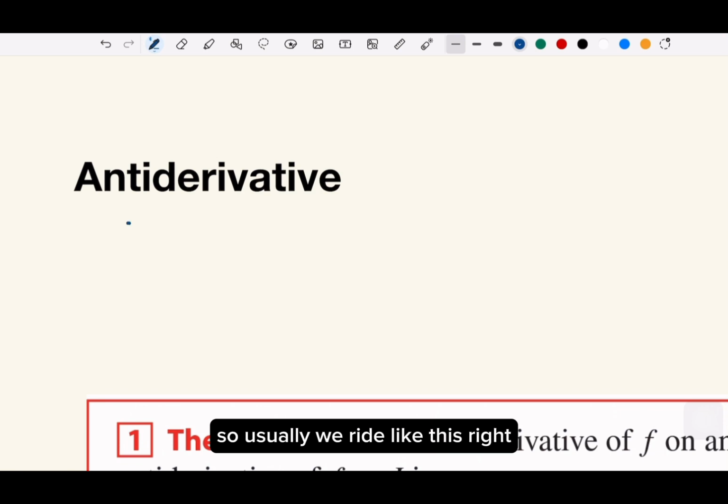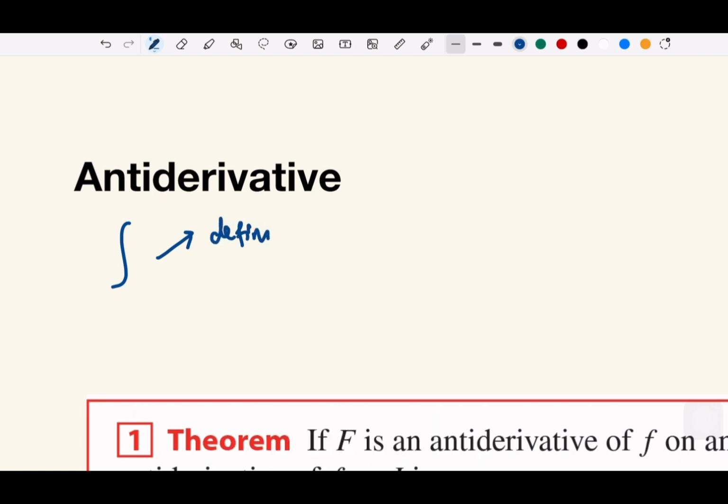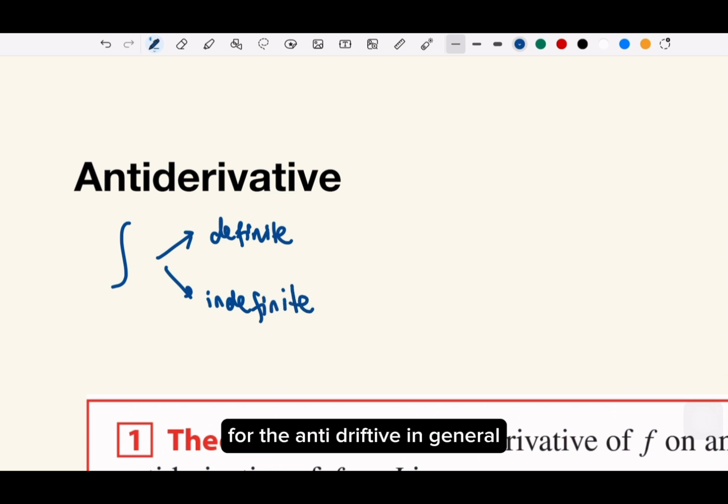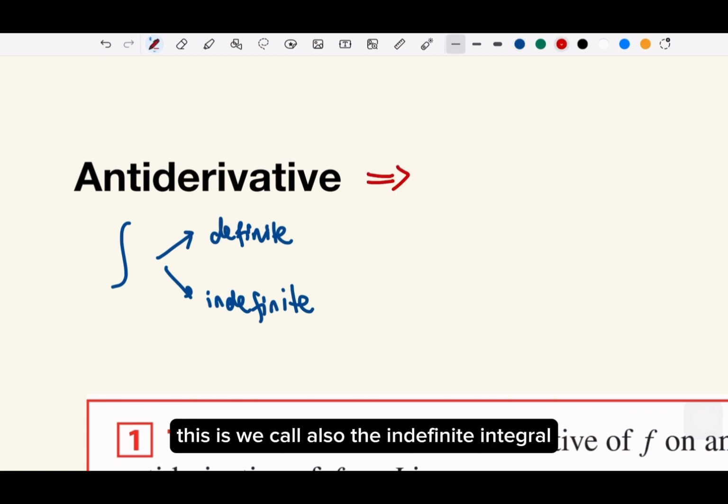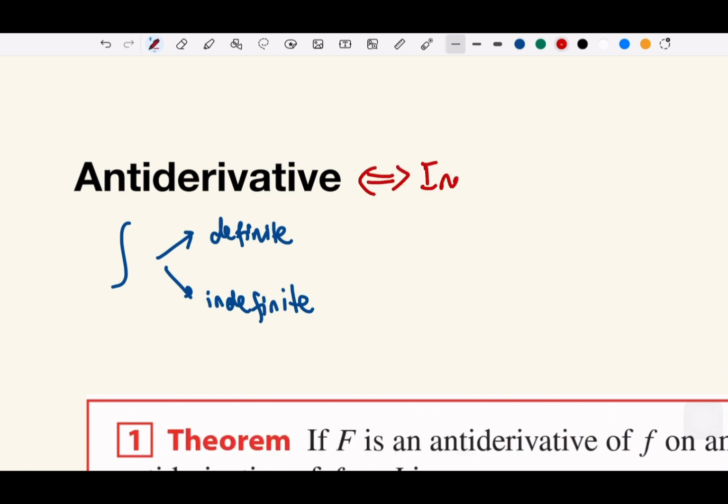Usually we write it like this, right? But this can be definite, can be indefinite. For the antiderivative, in general, we also call this the indefinite integral.